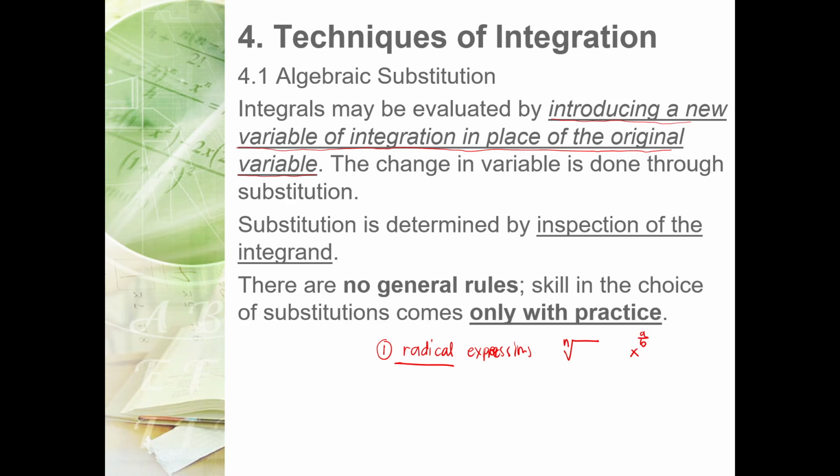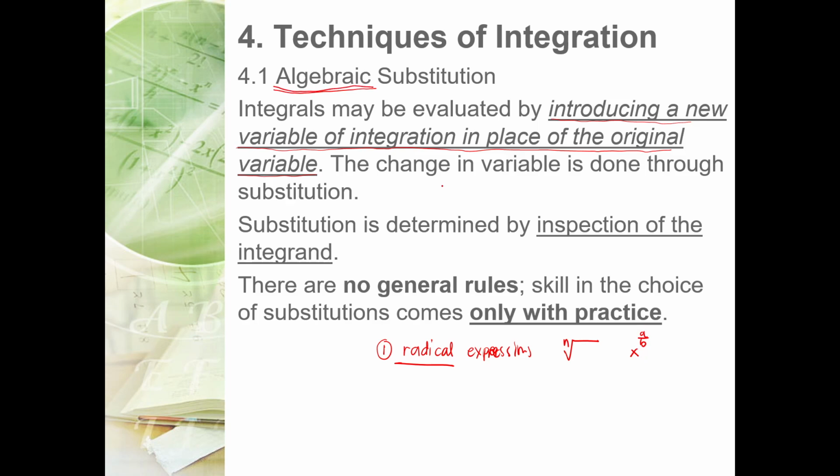There are also terms that even though they are expressed in radical expression, can still be solved by a simple U-sub technique, the simple U-sub process. Okay? Take note that for radical expressions, we're only going to be using algebraic functions, algebraic terms.